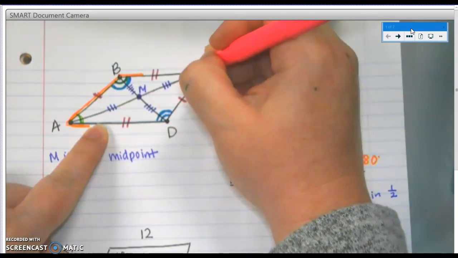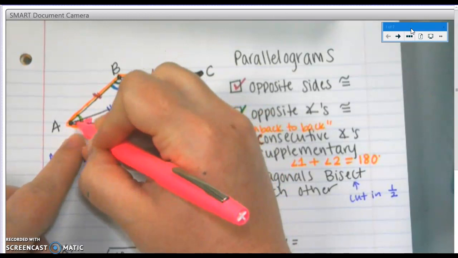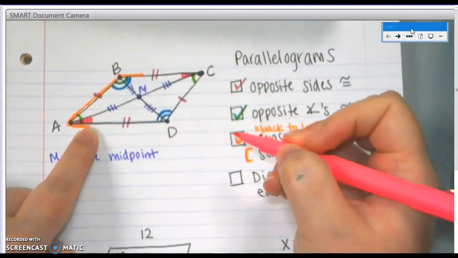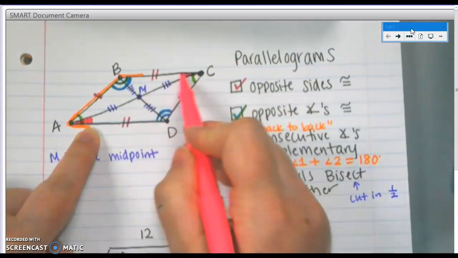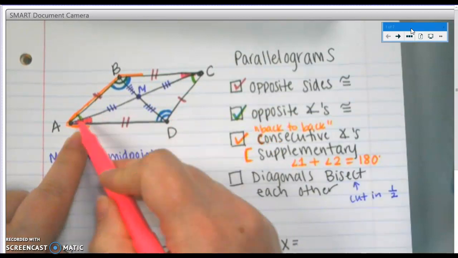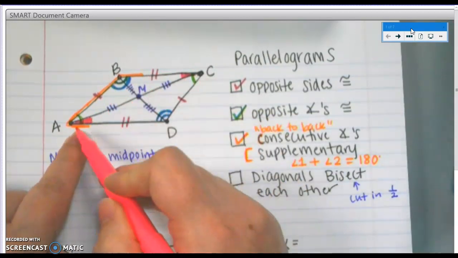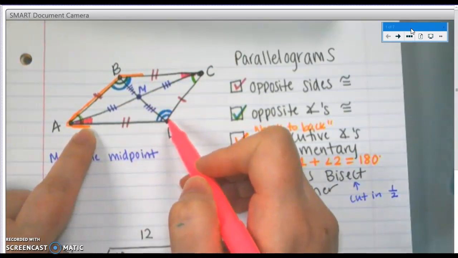So like this piece, that angle is equal to that angle. And I recognize alternate interior angles by like a Z shape or an N shape. So those two angles are equal to each other because those are alternate interior.